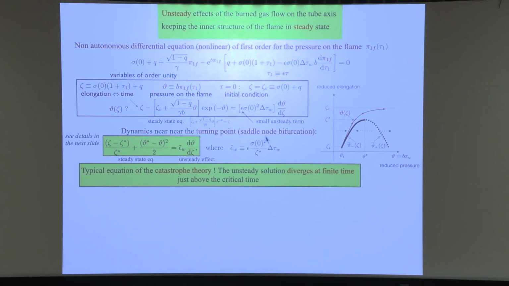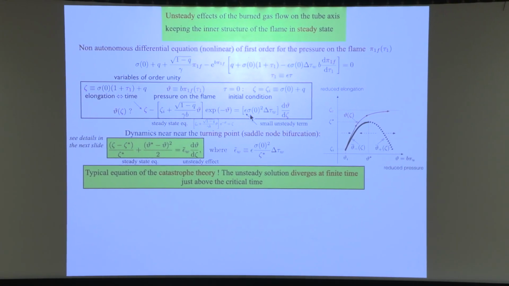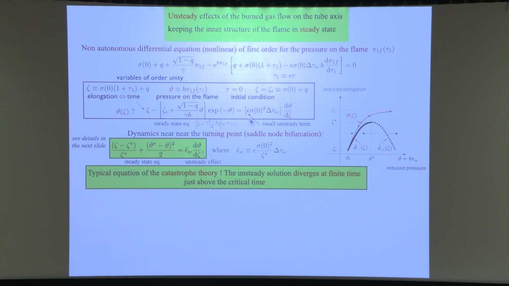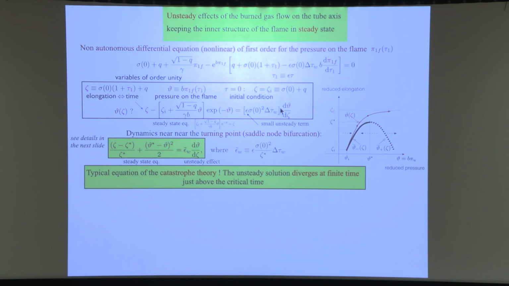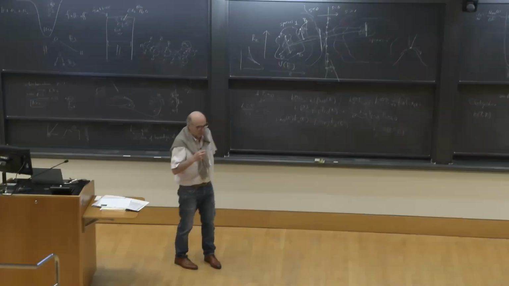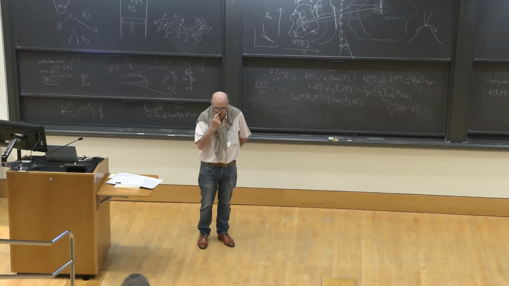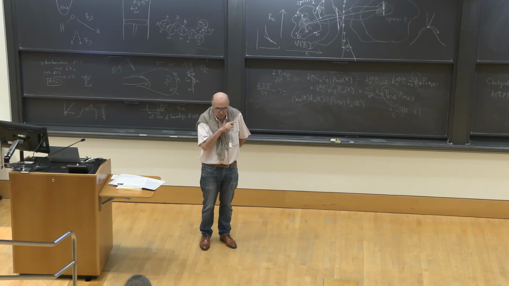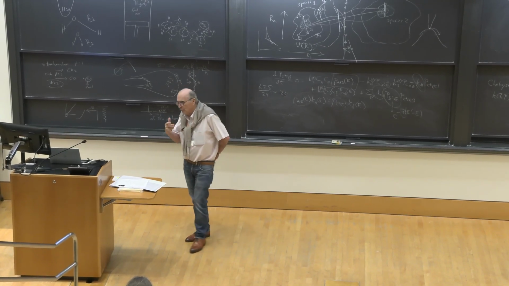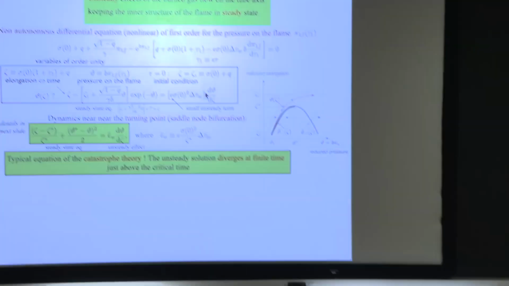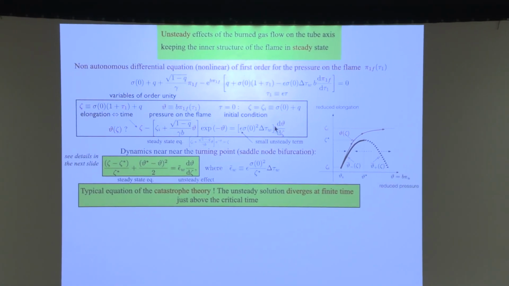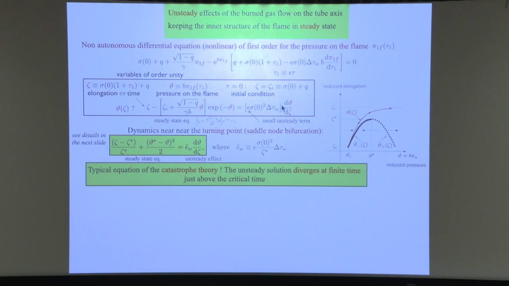Now, you want to see what is the effect of this term, if it is small. I have used a small perturbation analysis to take into account the unsteady effect in the burnt gas. And to begin with, I assume that this unsteady effect is small, as usual in every analysis.